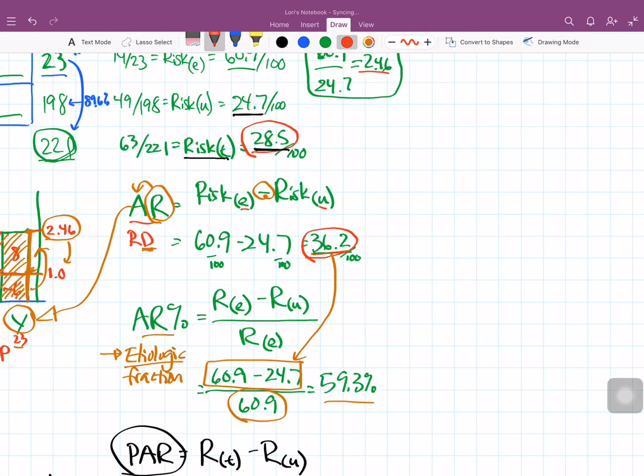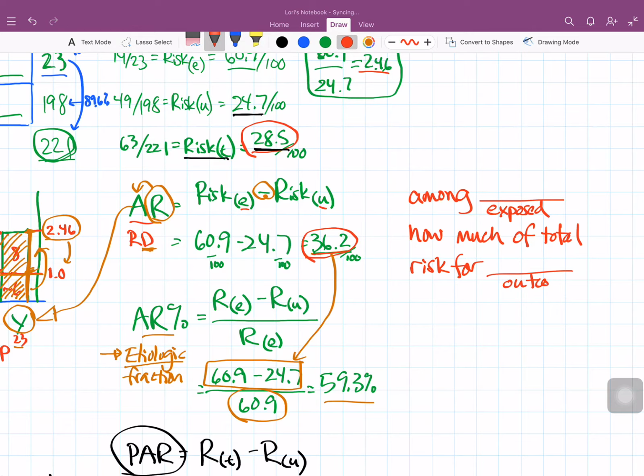If I have an attributable risk of 36.2 per 100, or 36.2%, what I'm measuring with that attributable risk is, among the exposed, how much of the total risk for the outcome is due to the exposure.